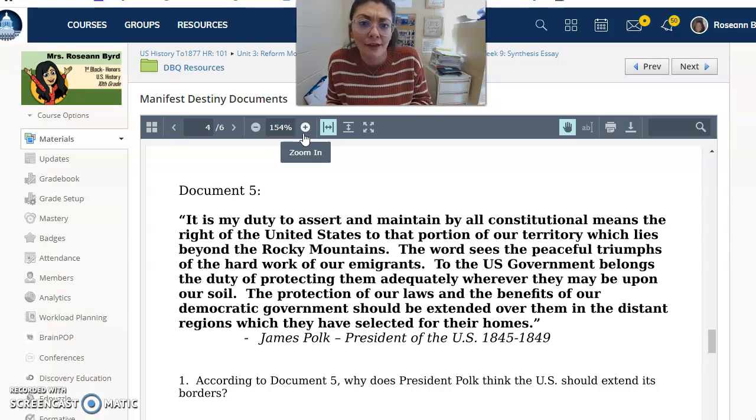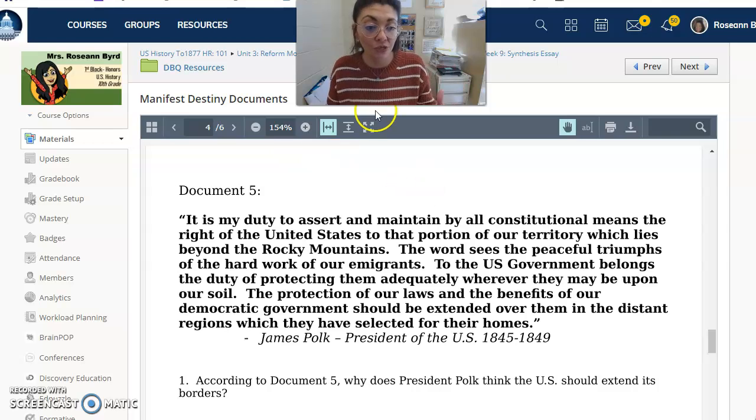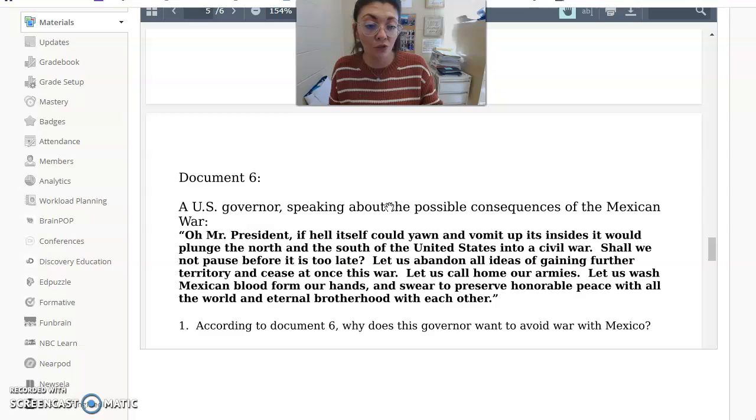Or you could say that an effect of Manifest Destiny was very directly and specifically a war with Mexico that really questioned the sovereignty of the Mexican government altogether. I mean, that could be an effect. Or you might use this in your body paragraph 3, where you assert that Manifest Destiny was one or the other, either positive or negative. So here's your document 5, which is a possible document for use.